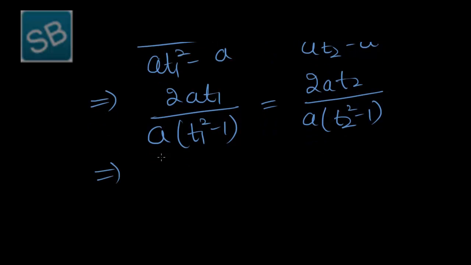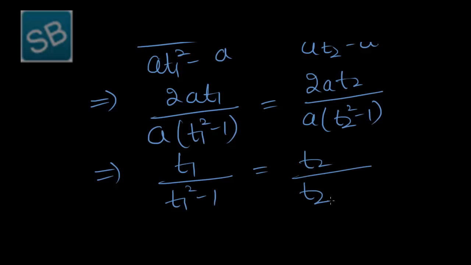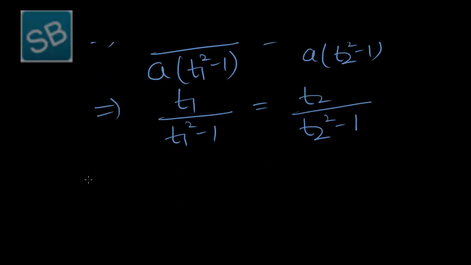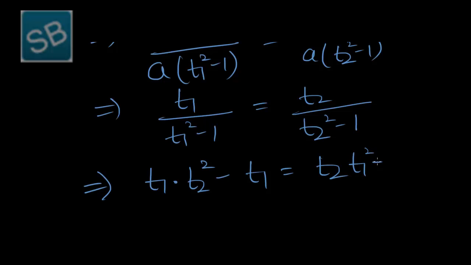So cancelling the same figure, we will get t1 over t1 square minus 1 equals t2 over t2 square minus 1. Then cross multiply and we will get t1 into t2 square minus 1 equals t2 into t1 square minus 1.